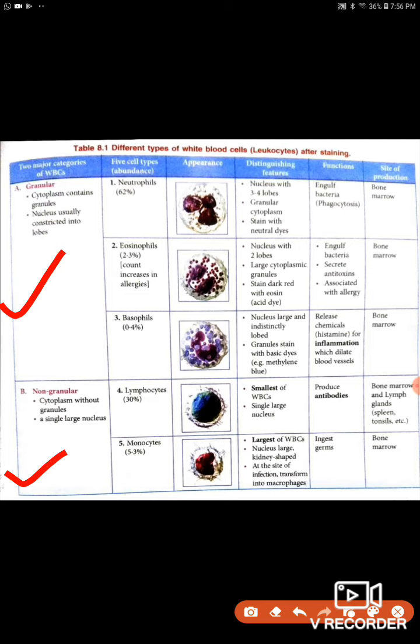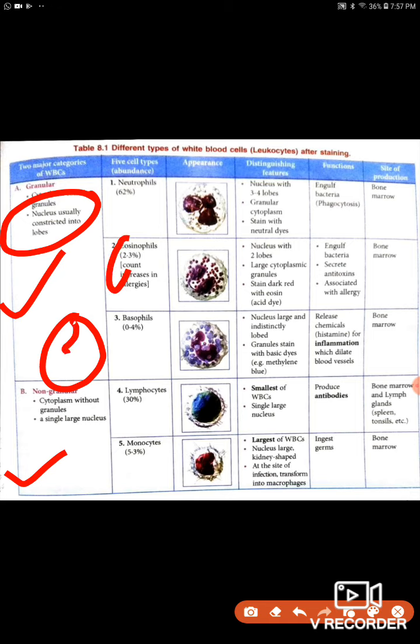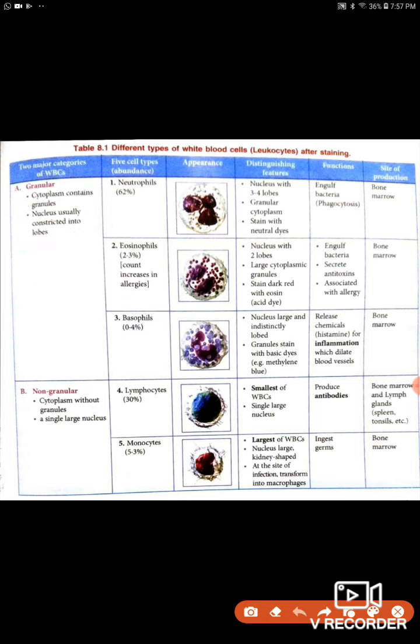Granulocyte means the cytoplasm contains small granules, and here the cytoplasm doesn't have any granules. Here the nucleus is usually constricted into lobes. For example, this is the nucleus, but because constriction happened, it forms a lobe-like structure. Granulocytes have three kinds of cells: neutrophil, eosinophil, basophil.